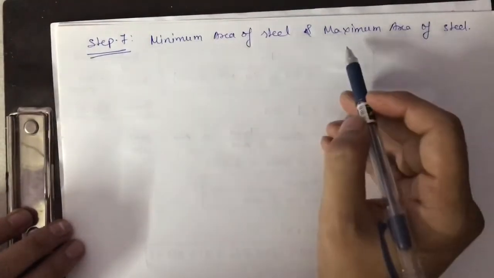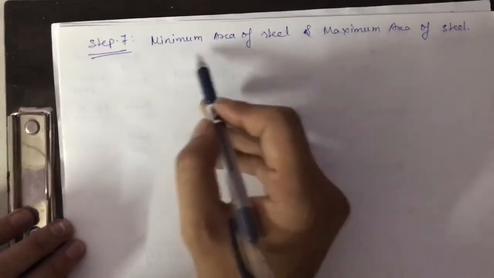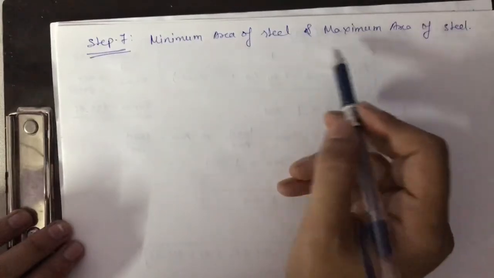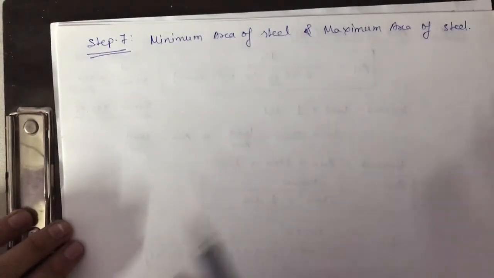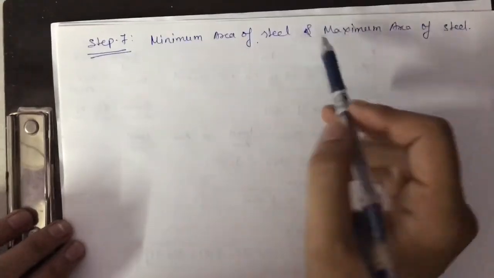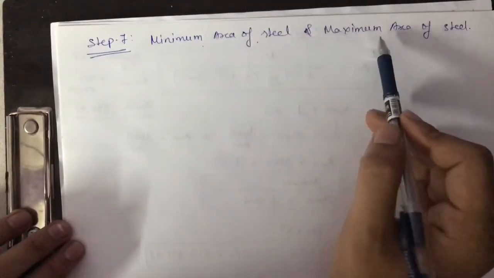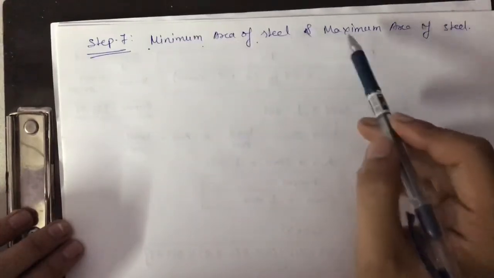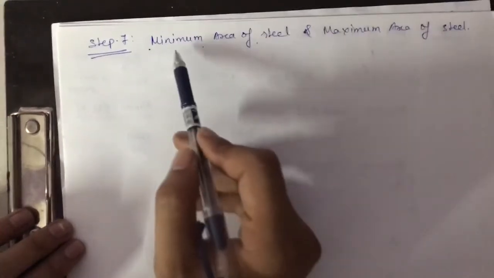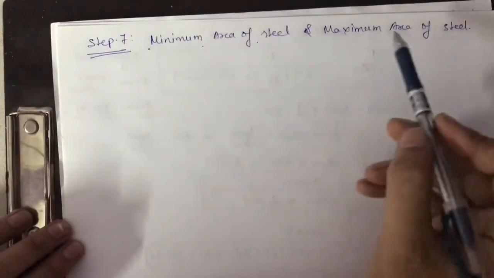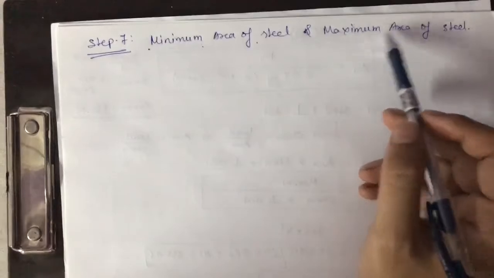Guys, it is a range of the area of steel which is required in the beam. So our calculated area should lie in between these two values, between the minimum and maximum areas. It should not be less than the minimum area, and it should not be greater than the maximum area.